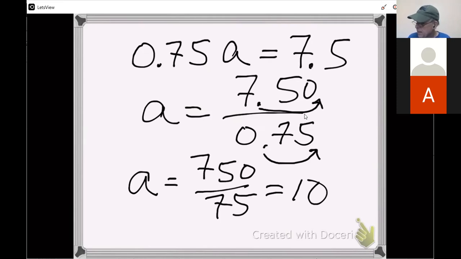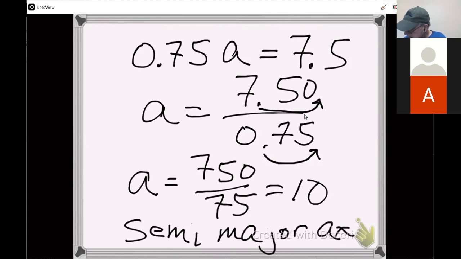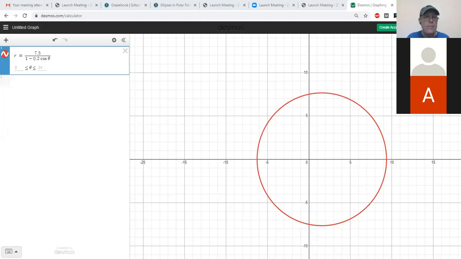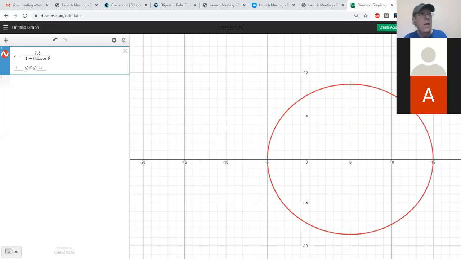Now that is called the semi-major axis. Okay, and let me go back to the Desmos screen for just a moment. Okay, so let me change this back to 0.5. And do you notice, here's the point 0, 0.